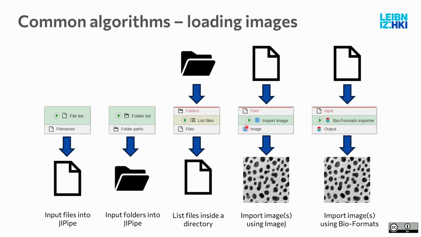This is basically something like an image, but it also has some information that comes from Bio-Formats, like the metadata that is stored inside the file. Bio-Formats is very, very strict in its standard for how it saves metadata and what it extracts. This kind of image has this metadata in there, and you can use it in your pipeline to grab information out and use it in your analysis.